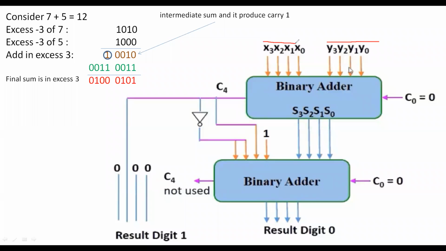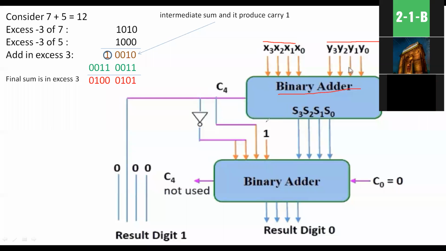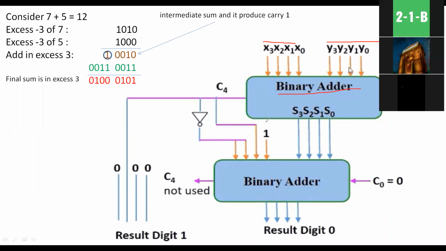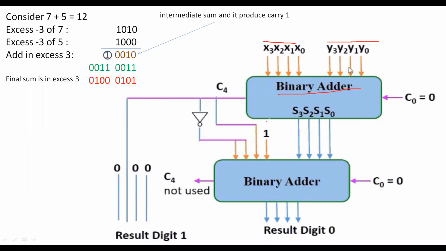Here x is one XS3 number and y is the second XS3 number, that is x is added with y. y3 to y0, x3 to x0. X and y అని కాల్ చేస్తాం. We need to perform addition of these two XS3 numbers. To perform this addition, we are using the same 4-bit binary parallel adder.